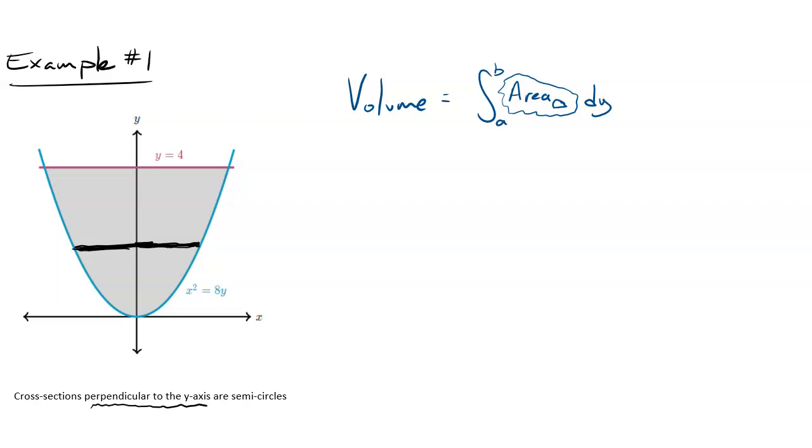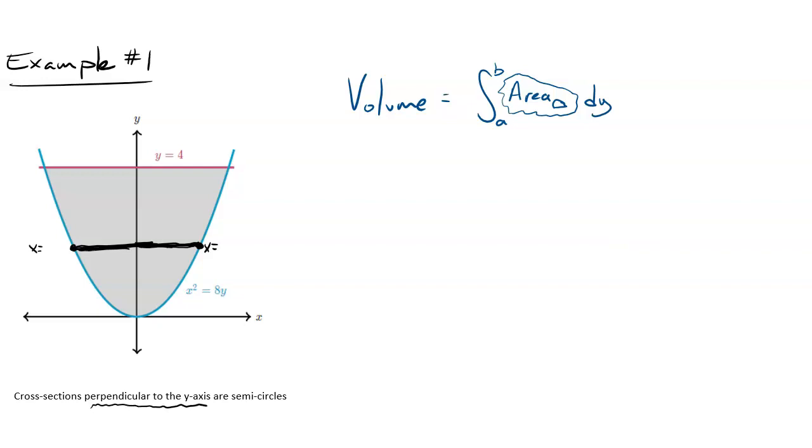And to find the length of this line, I'm going to have to take this x value minus this x value. When a line is vertical, you have to take the y value on top and subtract the y value on the bottom. So that's how I knew it was in terms of y.